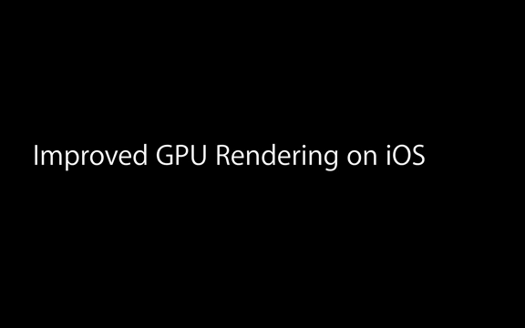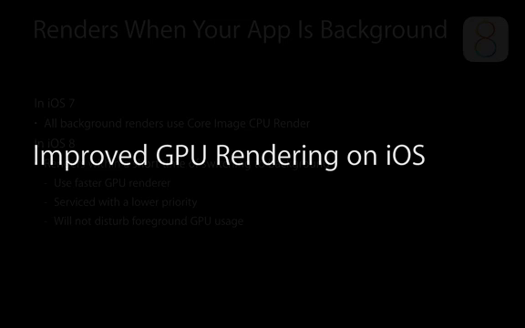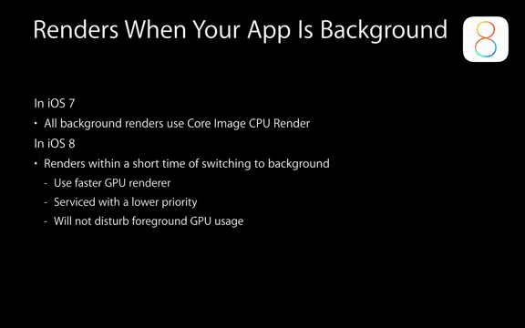We've also made some other improvements to how GPU rendering works with Core Image on iOS, which are important. Your application sometimes needs to render in the background, often either when the app is just transitioning to background or when it's fully in a background state. On iOS 7, that is supported. However, all background renders use the slower Core Image CPU rendering path.